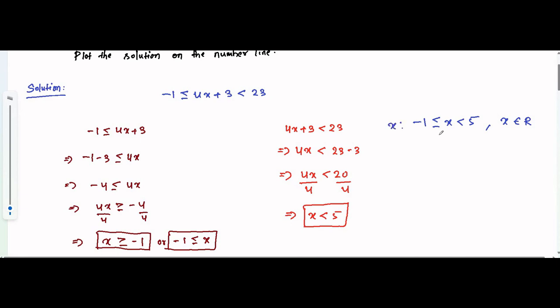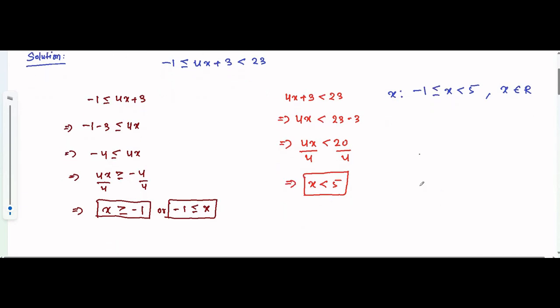Okay, now the solution set. Now if we have to plot it on the number line, first let us draw the number line.